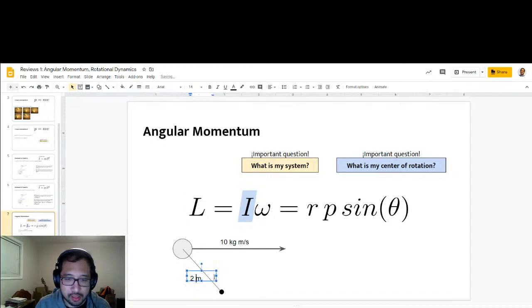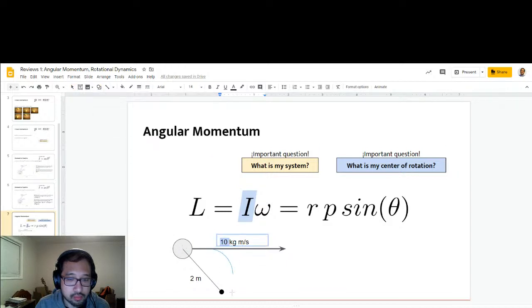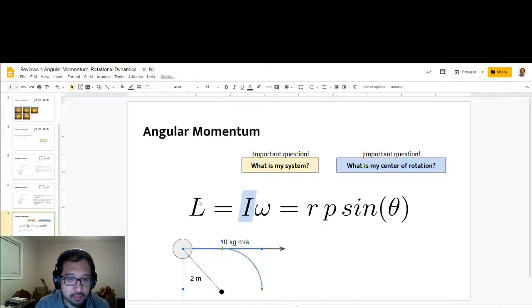Okay, so now we can calculate the angular momentum of this object by multiplying 2 by 10 and then taking the, let's draw an arc in here somehow, and calculating the sine of this angle, roughly speaking.